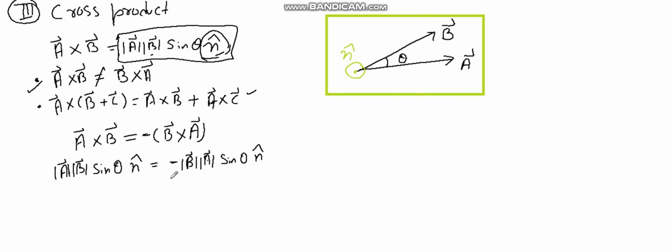These are scalar quantities, we can interchange their position and nothing will happen. So this minus sign will go with the n cap vector, and n will be written as minus n cap.